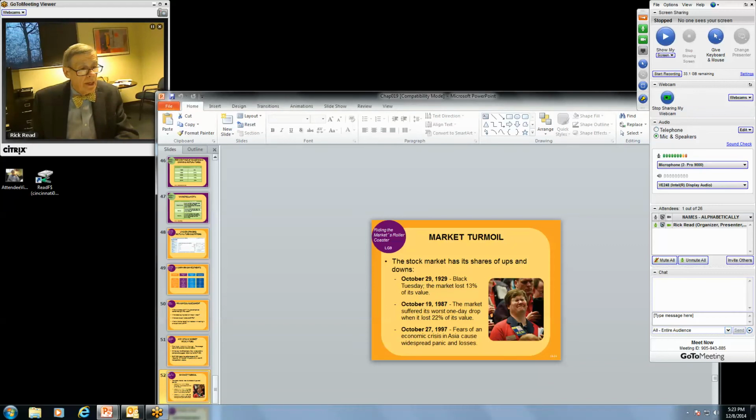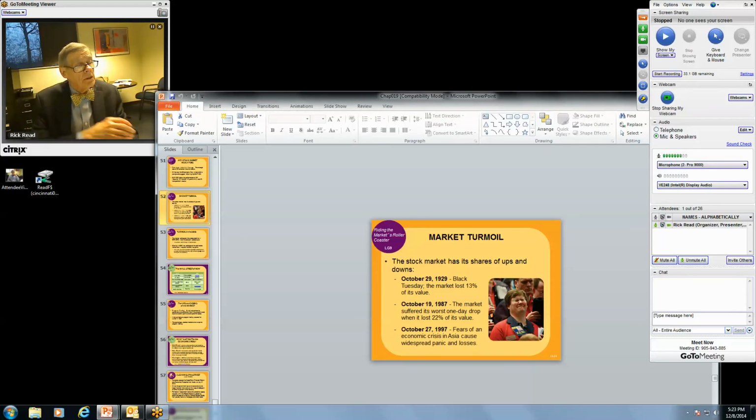Market turmoil. We've been through this. October 29th, Black Monday. Variety newspaper said Wall Street laid an egg. And look at what it lost, 13% of its value. But in October 1987, the market lost over 20% of its value.